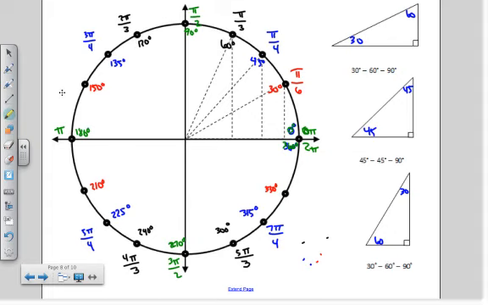Got that. 5/6 is, ooh, new. 6/6, got it. 7/6. 8/6 reduces. 9/6 reduces. 10/6 reduces. 11/6. Oops, I wrote the pi first. 11 pi over 6. And then 12 pi over 6. And those reduce. So that's how it's easy to memorize the unit circle by these relationships.